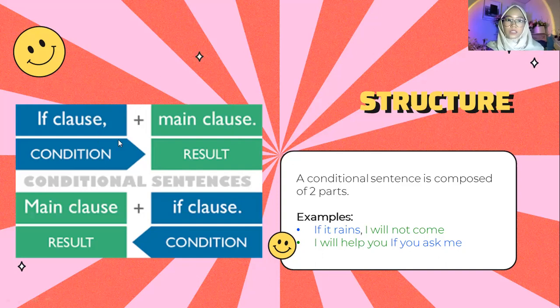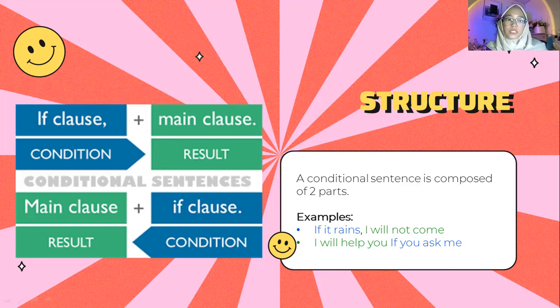The if clause is the condition and the main clause is the result of the condition. There are two types of structure for conditional sentences. First, if clause plus main clause. And the second is main clause plus if clause.